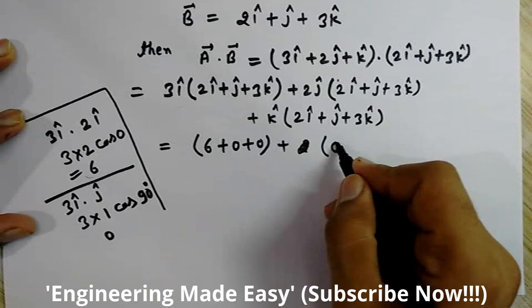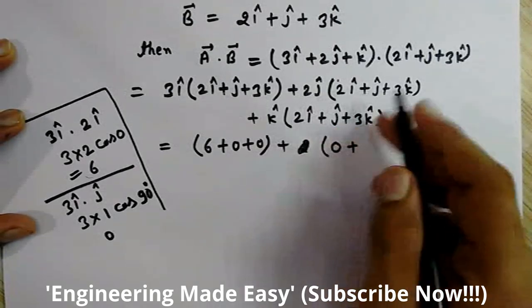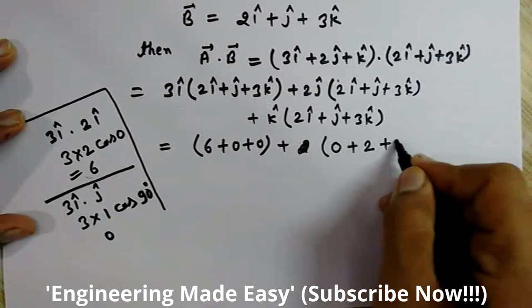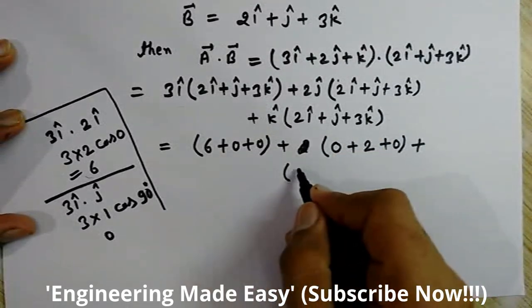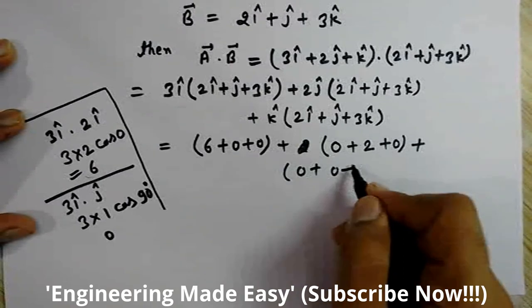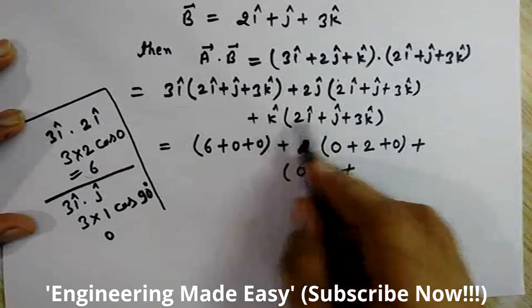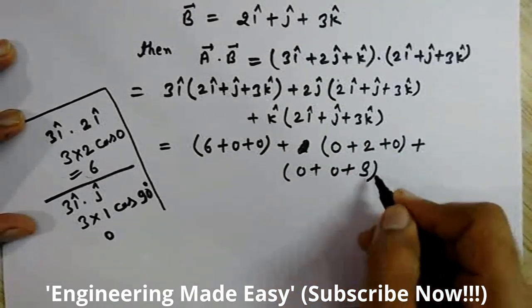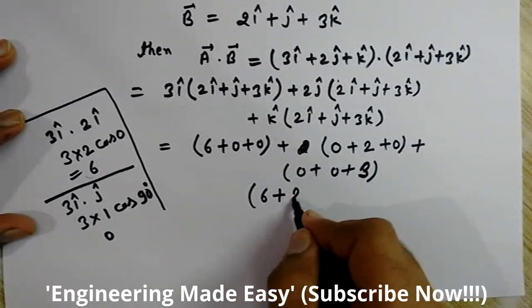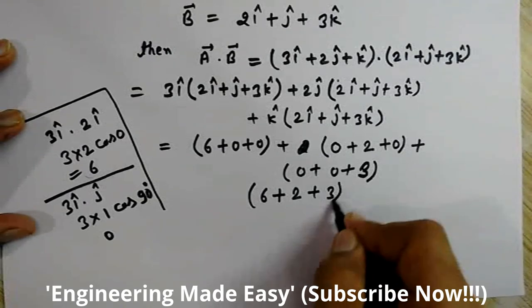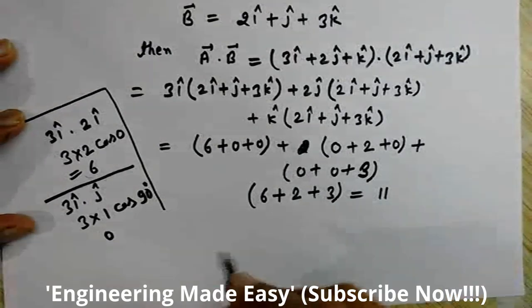So it is 0 plus 2 plus 0, and in this case it would be 0 plus 0 plus 3. Okay, so it is 6 plus 2 plus 3 equals 11.